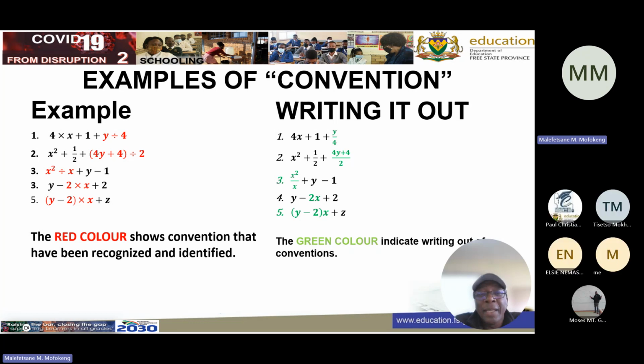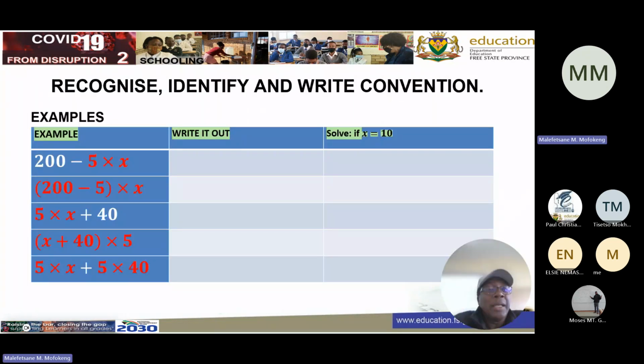The green color indicates the writing out of these conventions. Now, it's your time to recognize, identify, and write conventions. The red ones are those that we recognize and identify in these examples. We have to write them out.